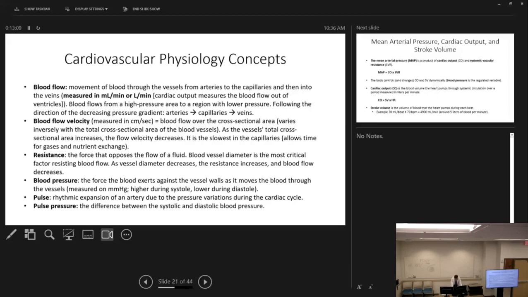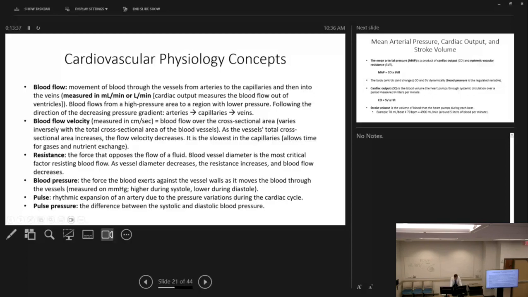Then we have the resistance. It's the force that opposes the blood flow of any fluid, in this case the blood. The same thing happens for the air when we study the lungs, inhalation, exhalation. Air is a fluid, blood is a fluid. And then the blood vessel diameter, as we said at the beginning, is the most important factor determining the resistance to the blood flow.